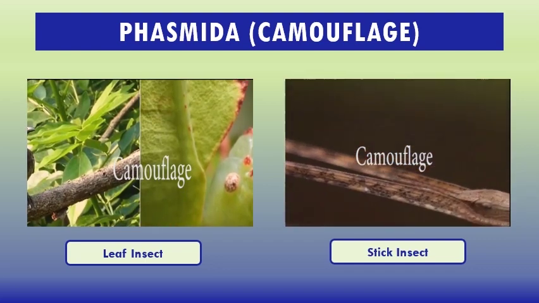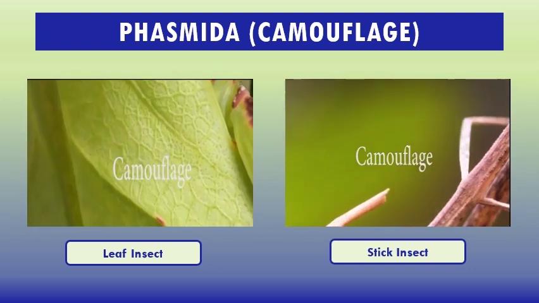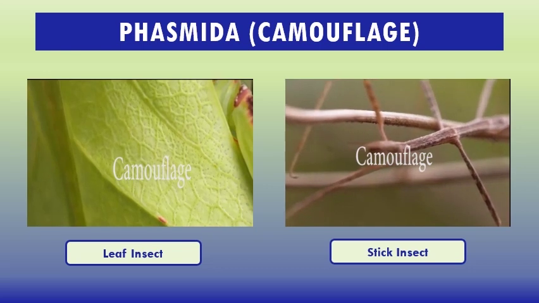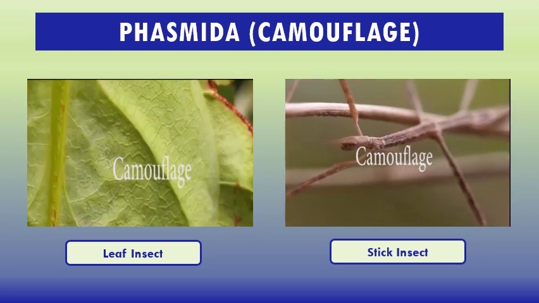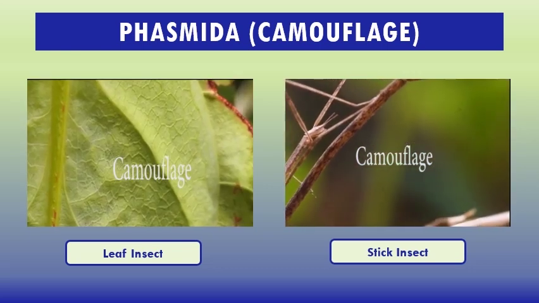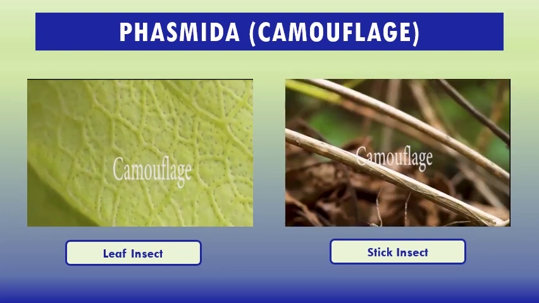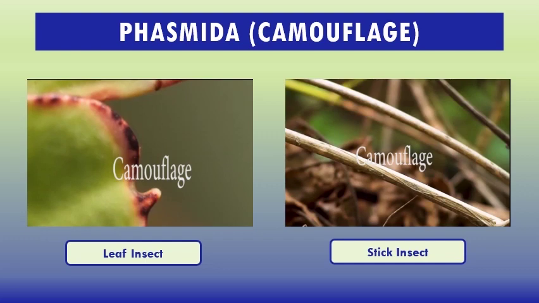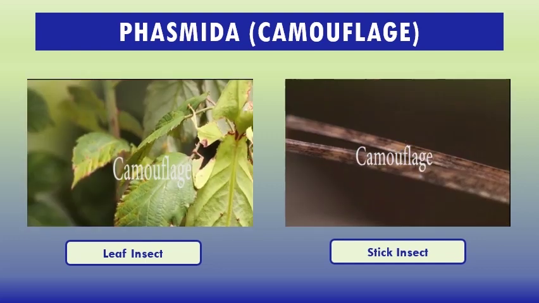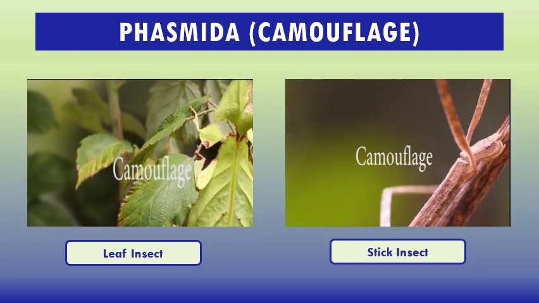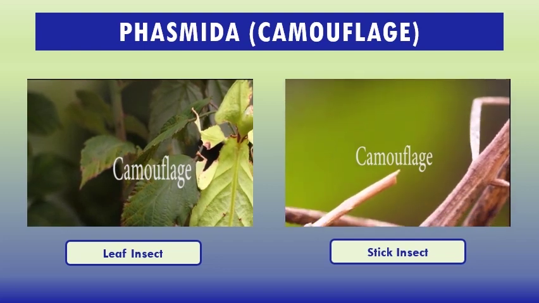The leaf-like forms usually bear a striking resemblance to foliage, exhibiting leaf veins, mildew spots, and even apparent insect feeding damage. Their primary means of avoiding predators is crypsis.